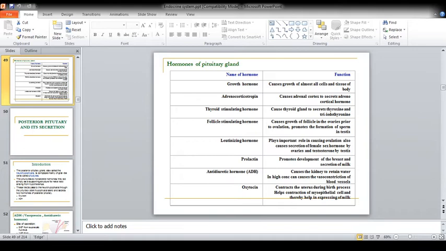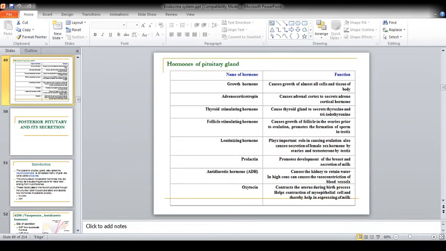So let's talk about the effects or functions of the ADH. The most major function of ADH is the antidiuretic effect. Diuresis is production of more urine or more diluted urine. Antidiuretic means production of concentrated urine or production of less urine.